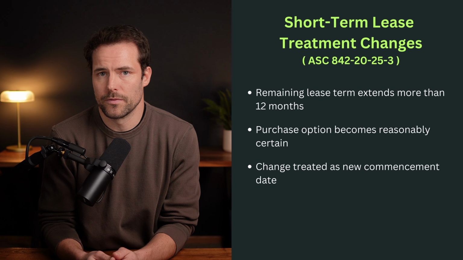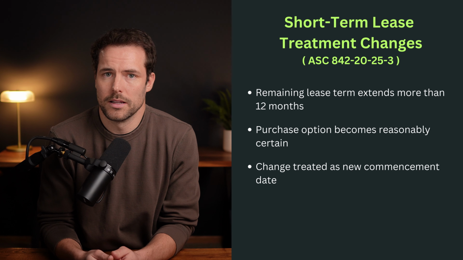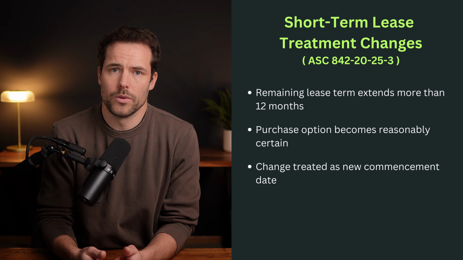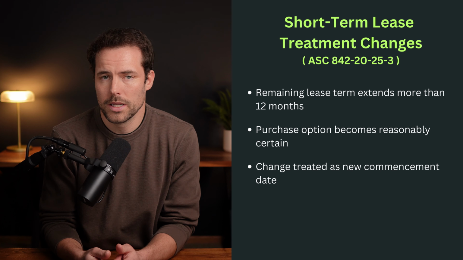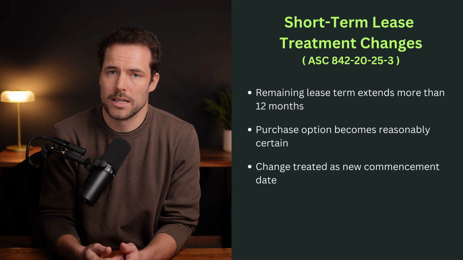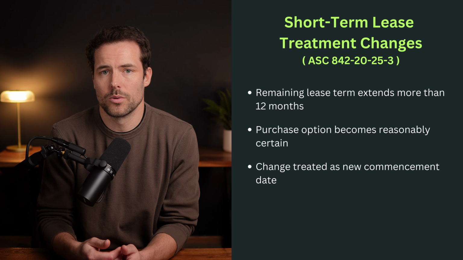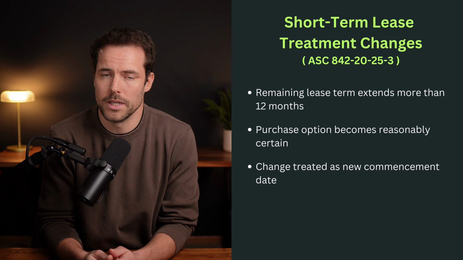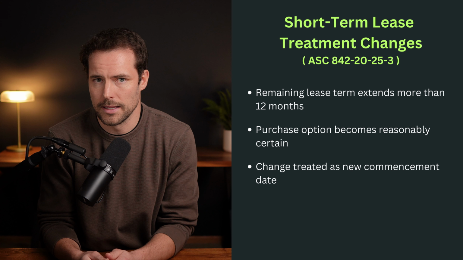Now assume that after 4 months, we notify the lessor that we will exercise the renewal. Even though the total lease term is now 20 months, we can still continue to account for the lease as a short-term lease, because the remaining lease term does not extend more than 12 months beyond the original lease end date.